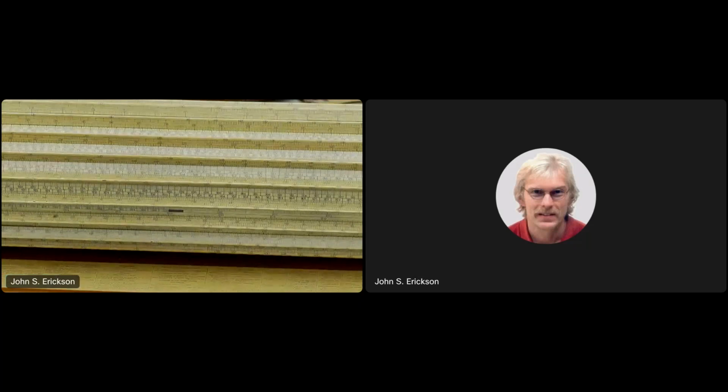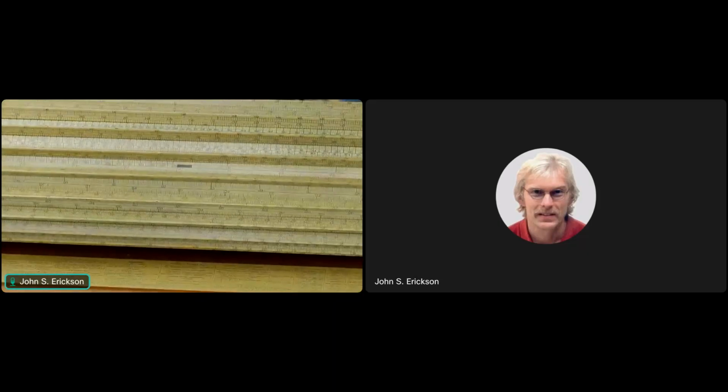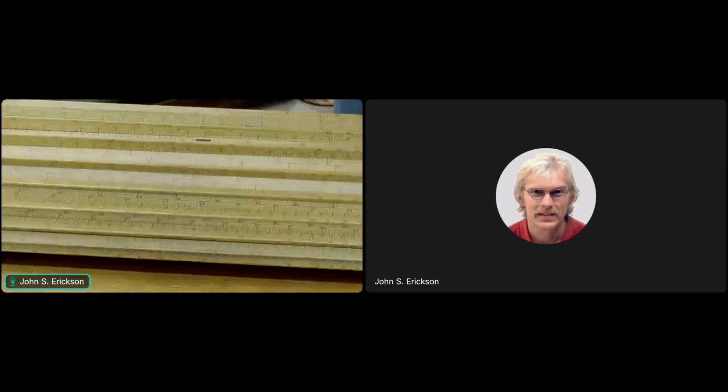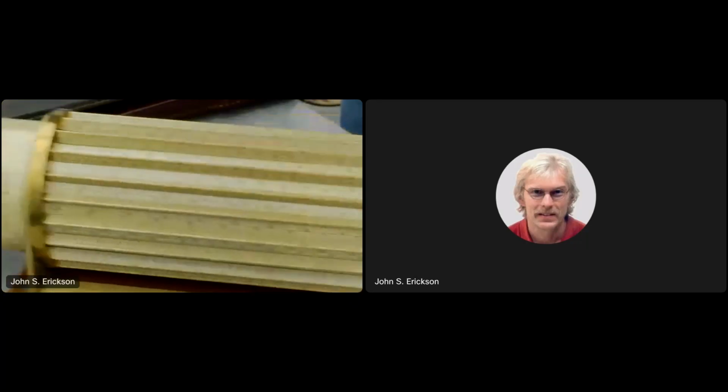Oh, we can see it. What I want to show here is I'm going to actually try to do the multiplication. So this is my A scale, and let's say I want to multiply three.